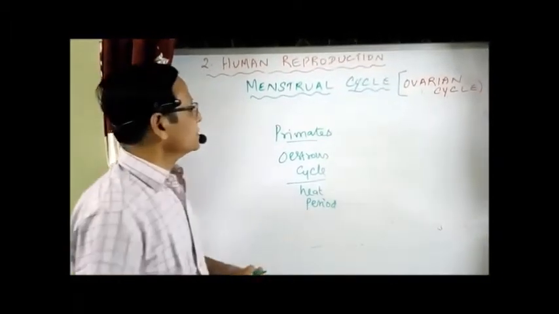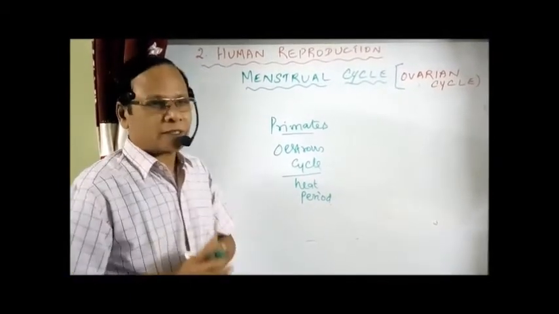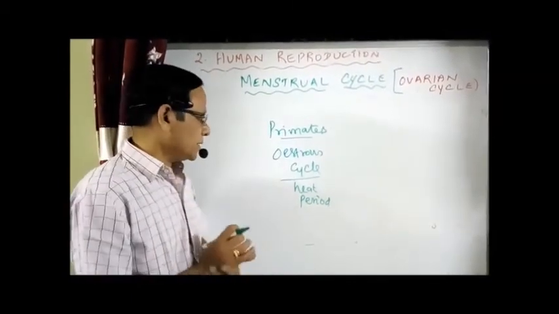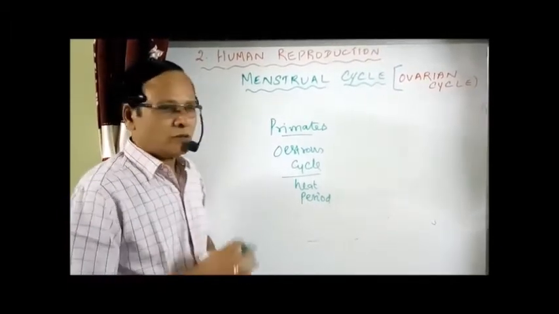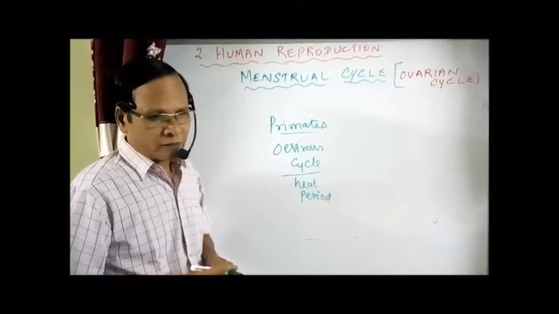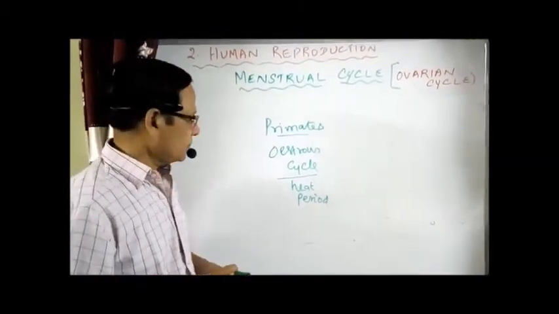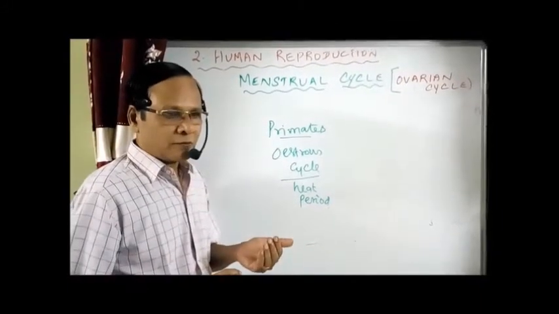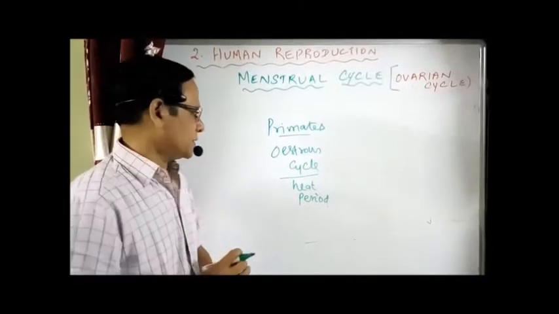Now, the menstrual cycle occurs at a specific time, recurrently. But the heat period or estrous cycle, common in other mammals, has no cyclic events; there is just a heat period during which the female is receptive for the male, so copulation occurs and the development proceeds.